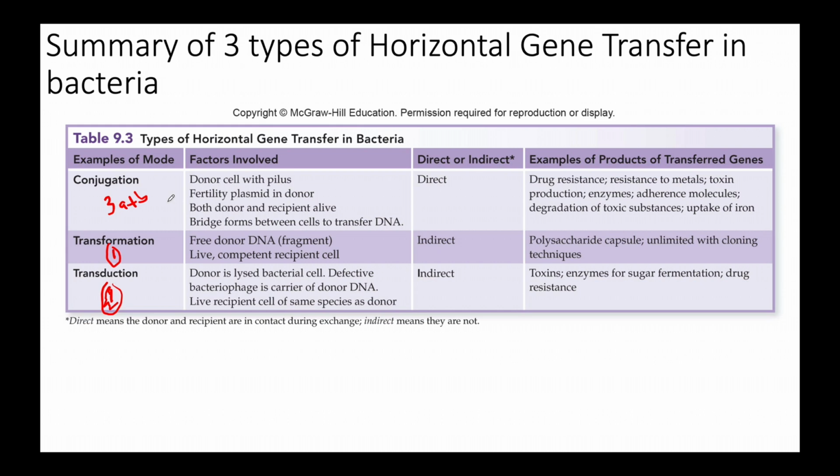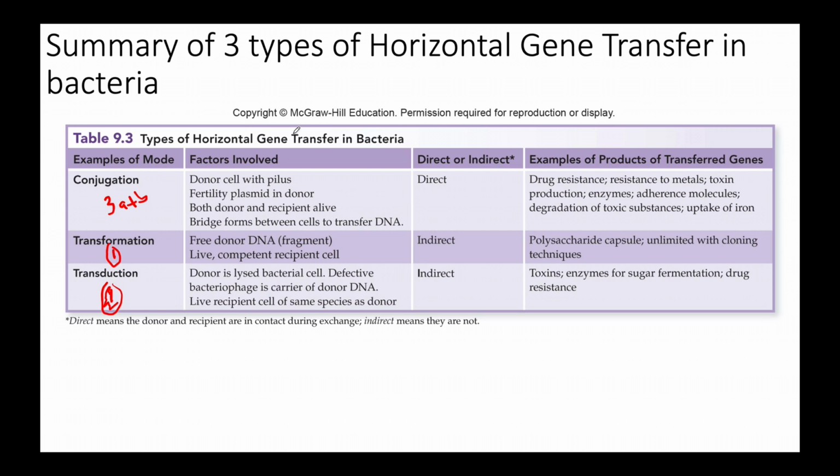And so the recipient is going to receive new DNA that it didn't have previously. And so these three horizontal gene transfer mechanisms are really important for explaining how bacteria can acquire new traits, because recombination doesn't occur during vertical gene transfer like we see in sexually reproducing organisms, but instead what we see is this kind of odd way.